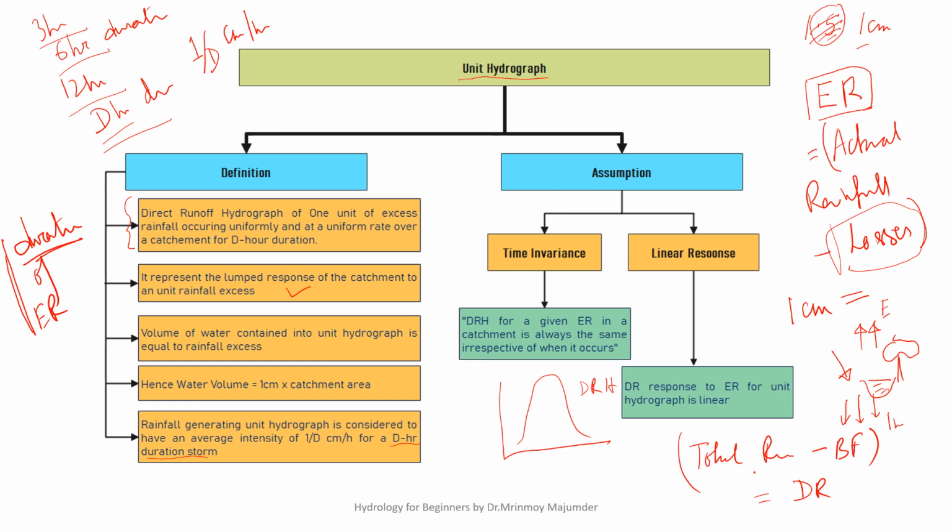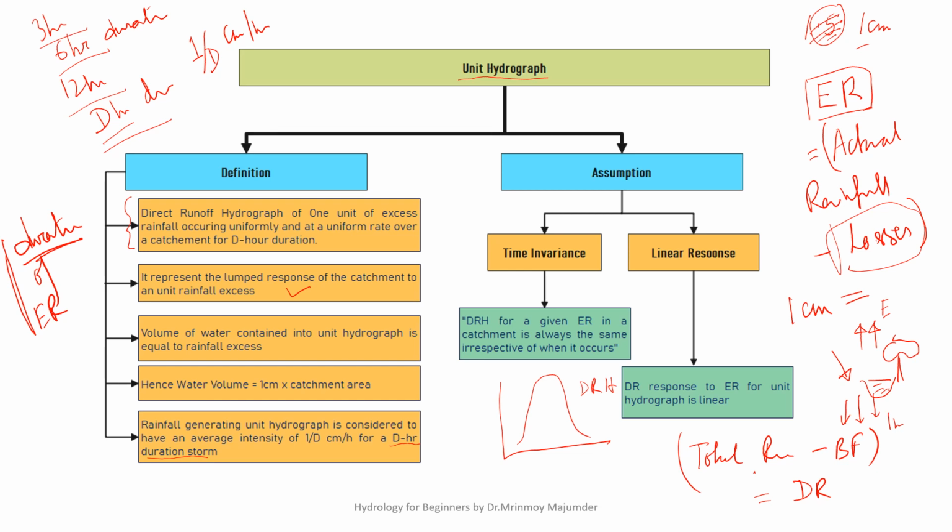So this is one thing, and as we have earlier said, this is a lumped response because we are considering only unit hydrograph. This is a lumped response of the catchment, not the distributed response.